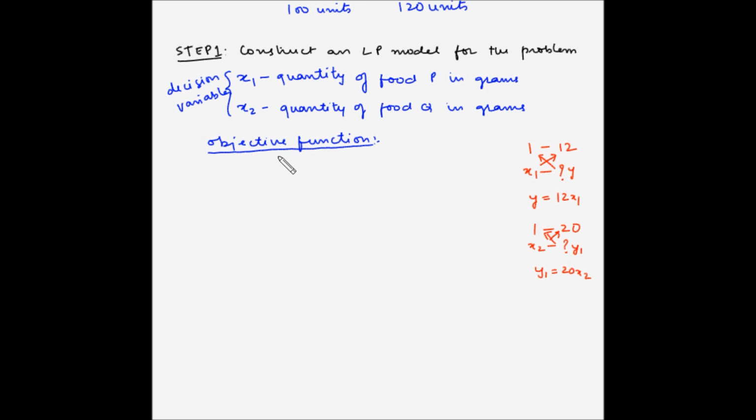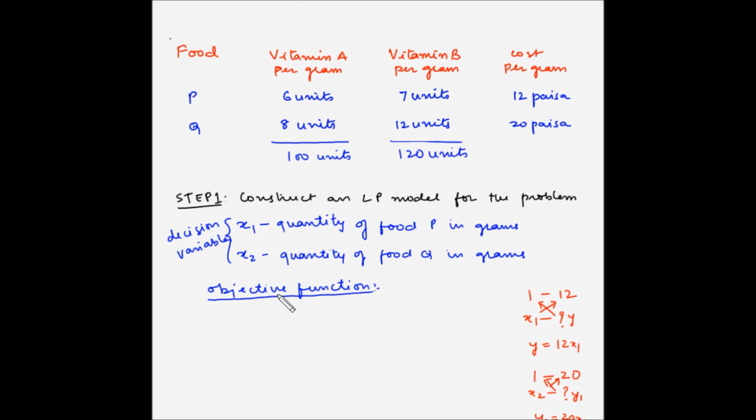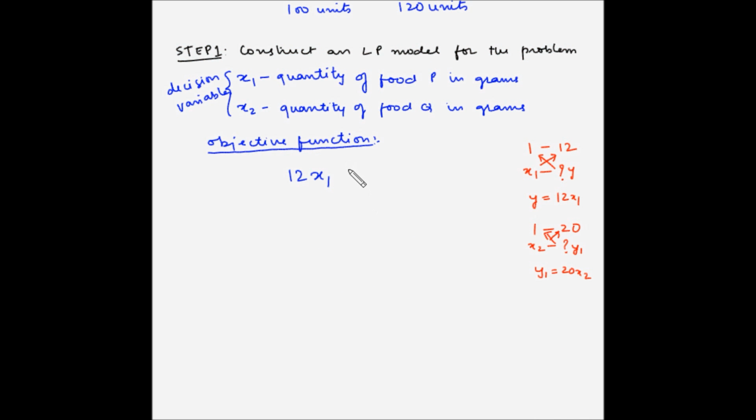So the total cost in the product mix for x1 grams of food P is 12x1, while the total cost of x2 grams of food Q is 20x2. And this becomes the total cost of the product mix, and our objective is to minimize this cost. So this becomes our objective function. Now let's move to the constraints.